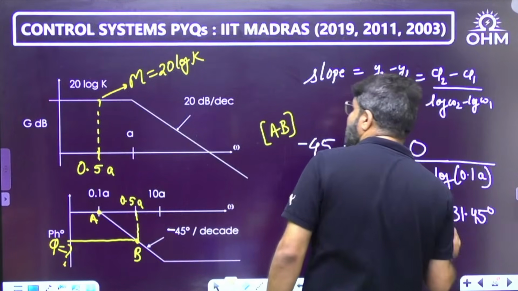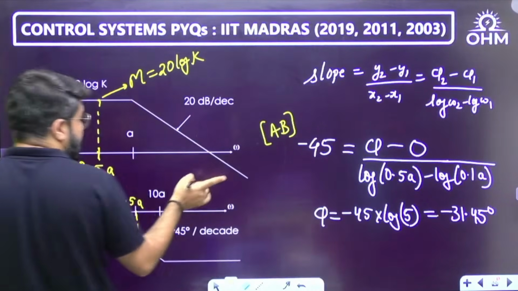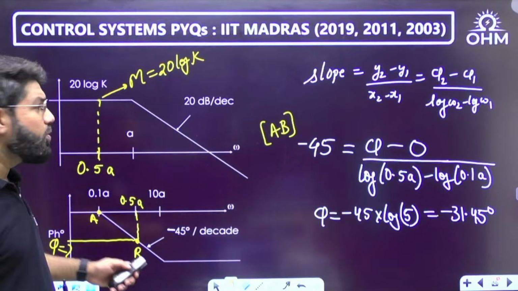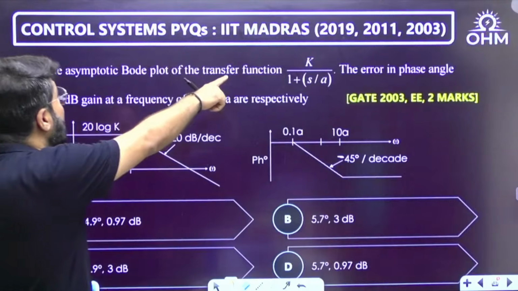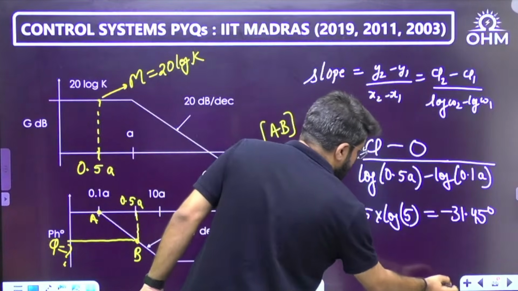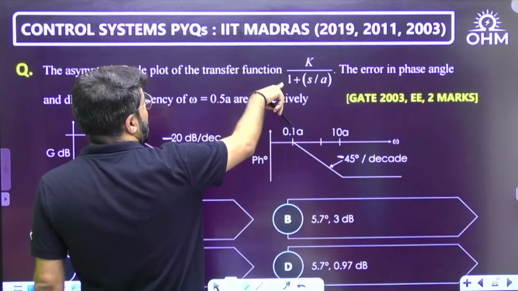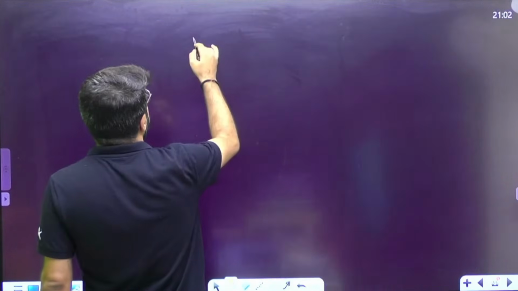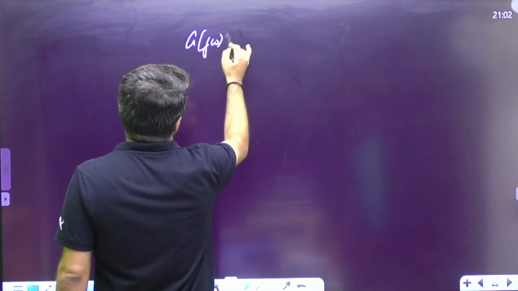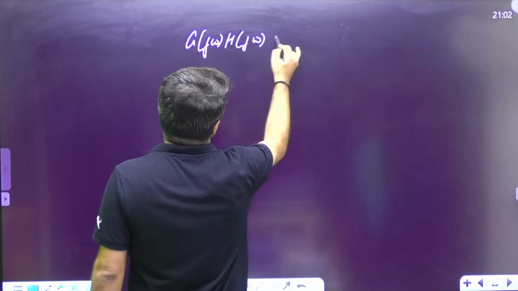Now this is the magnitude and phase from the Bode plot, but we have to get the error. So for that I will have to calculate the actual value also. So what is the G(s) H(s) given? I'll convert to the frequency domain directly to calculate magnitude and phase.